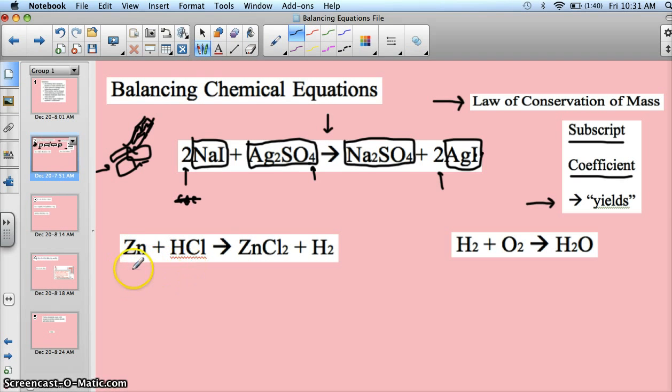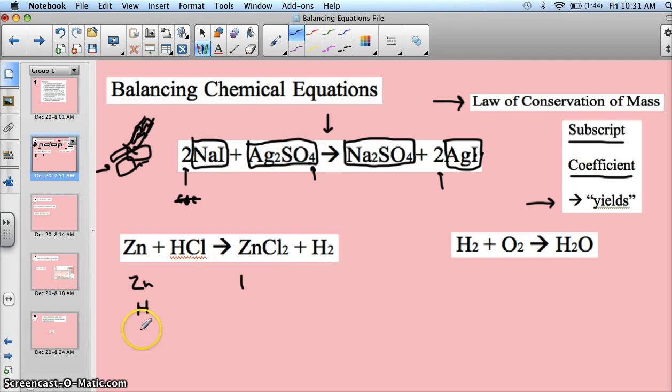But you have to have the same number of everything on each side. Let's say on zinc we have one here and we have one here. So that looks pretty good. Zinc has one. The H's, okay, we have one here. Oh, we have two H's here. So that's one we're going to have to end up changing.